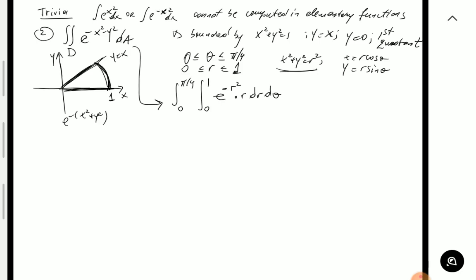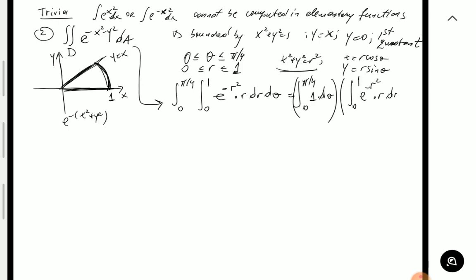Okay, as I mentioned before, you can still split this into a product of two integrals, one in theta, which at this point only contains 1 times d theta, and the integral in r.